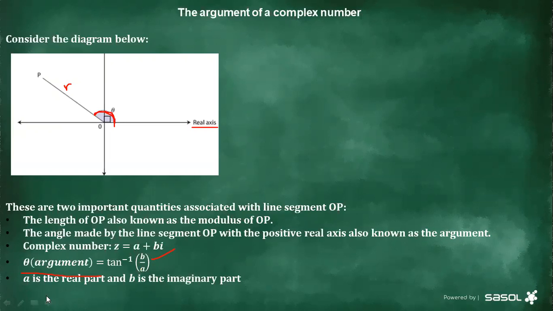I also explained that A is the real part and B is the imaginary part. So let's see how we go about the argument.